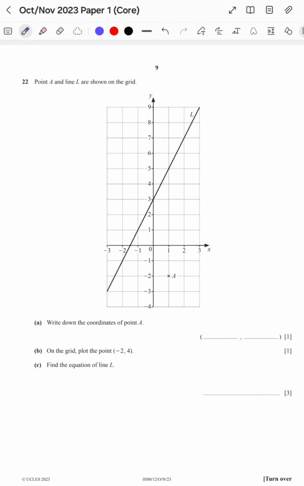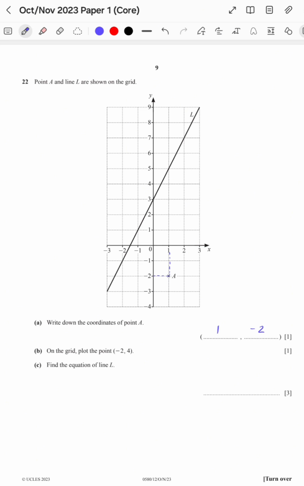Question number 22. Point A and the line L are shown on the grid. Write down the coordinates of point A. Let's write the x component first, and then next is the y. If you're finding the x component, you look at the horizontal line. So this is equal to 1, and its y component is -2.